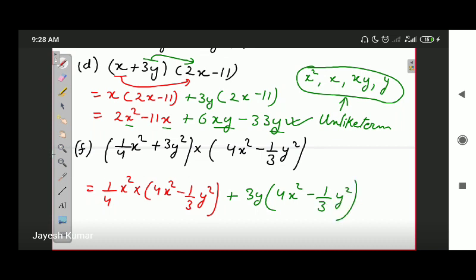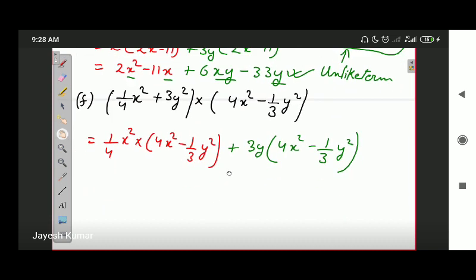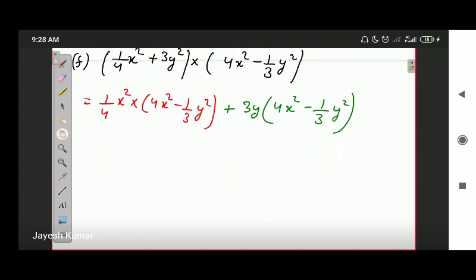Okay, as you can see, this is a bit complicated question because we have terms in fraction.